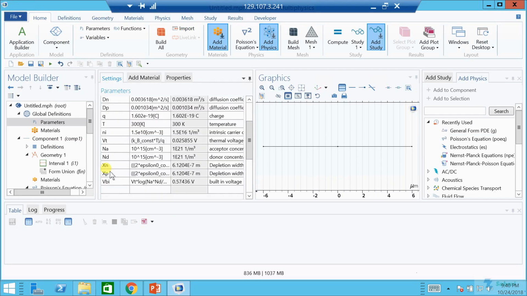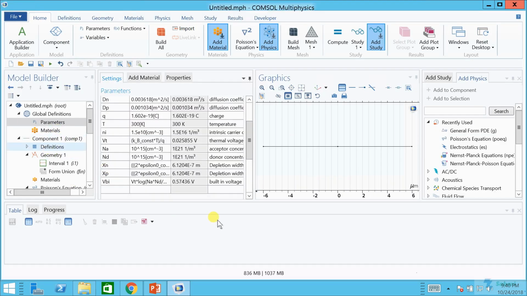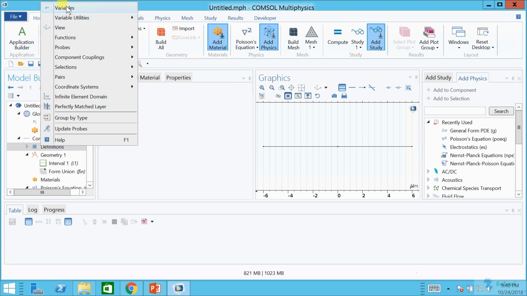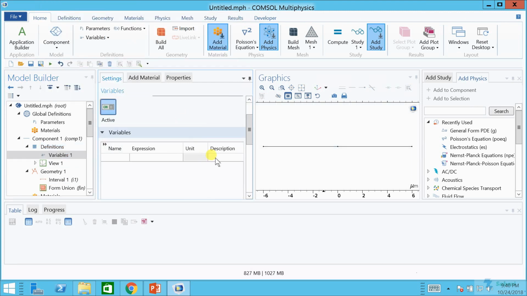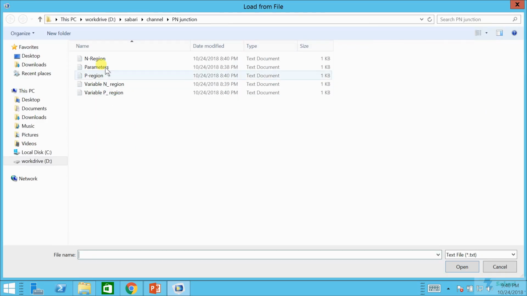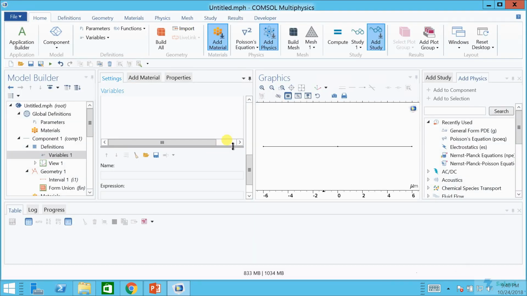Okay, now I'm going to input variables, where I do have variables already. This is the P region variable for acceptor and donor concentration.